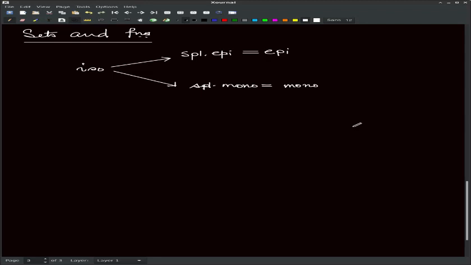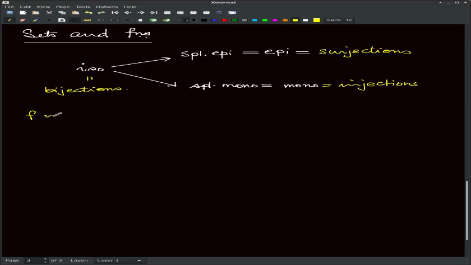So what is this? This is precisely the surjections. And this is precisely the injections. And therefore this becomes the bijections. And the actual statement is, therefore, F is a surjection.